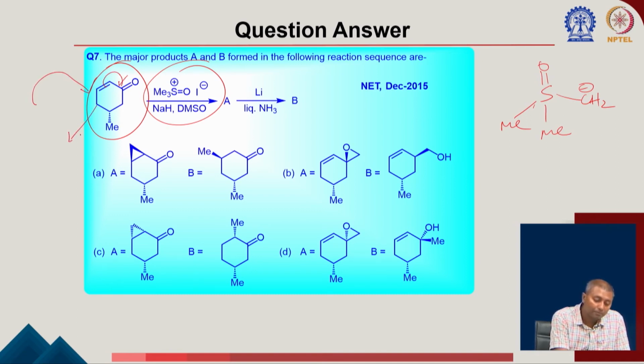Okay. What is going to happen if it goes for 1,4 addition? We will come back to the stereochemistry in a minute. CH2 and then SO plus, this will come back and react here, get rid of this. Of course you have to remember that there is a methyl group here.